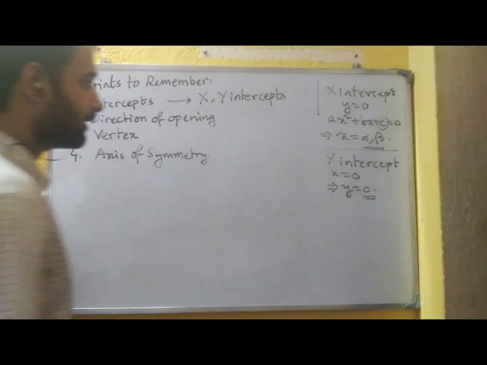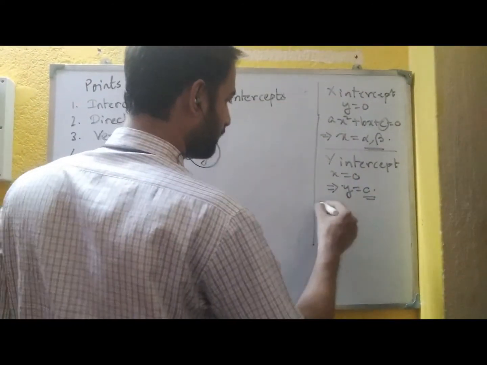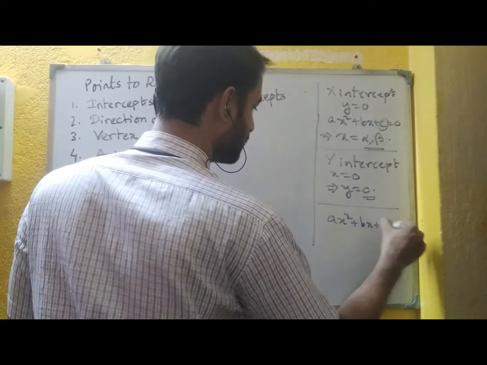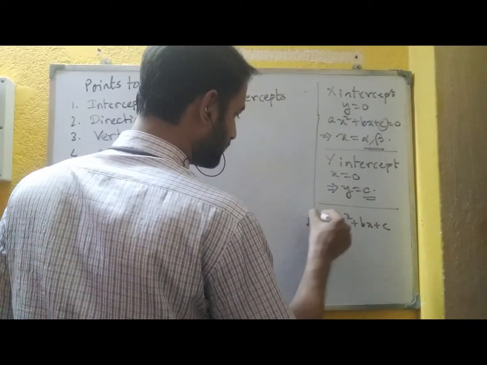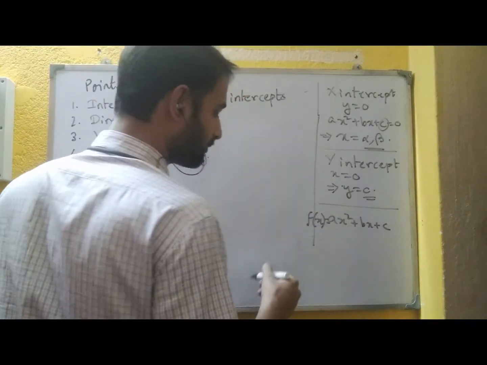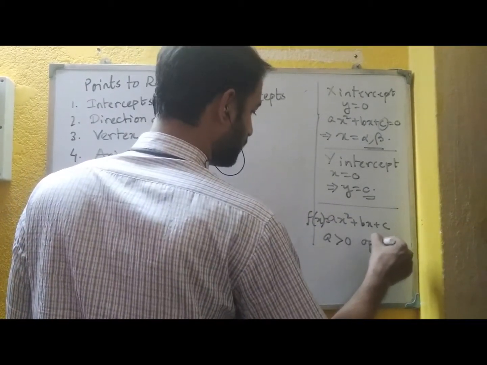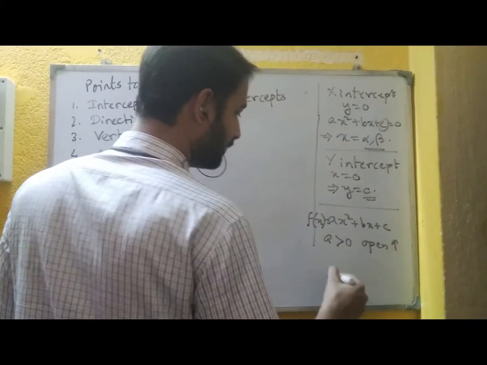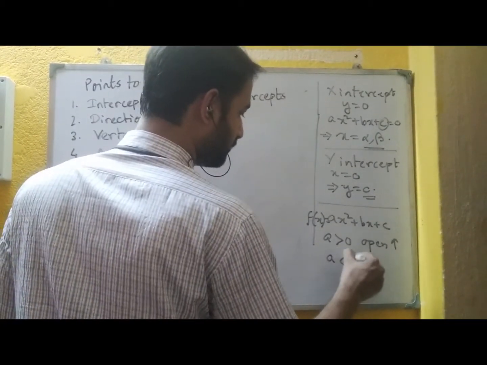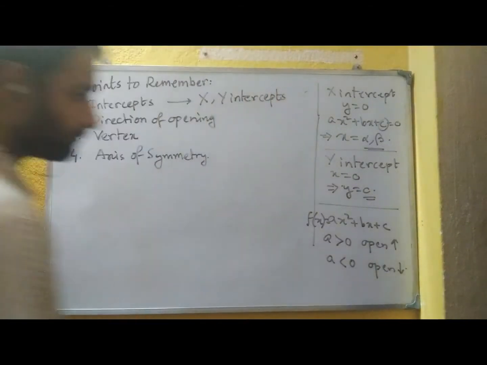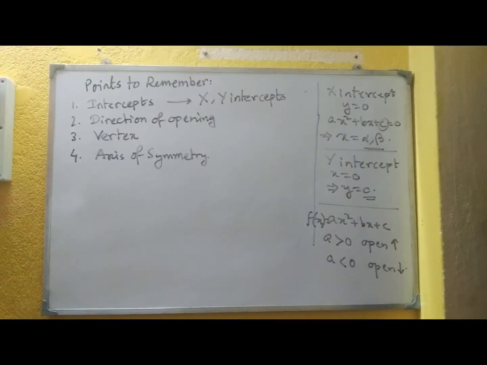Next is the direction of opening. It says that if the expression is f(x) equals ax square plus bx plus c, then if a is greater than 0, it opens upwards, and if a is less than 0, then it opens downwards. Okay.